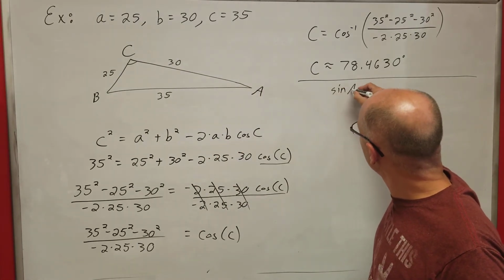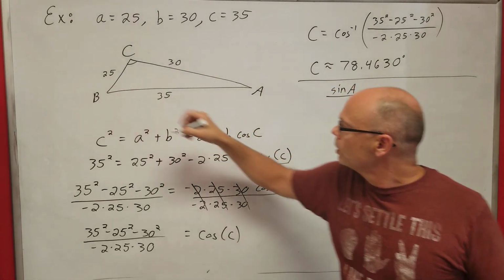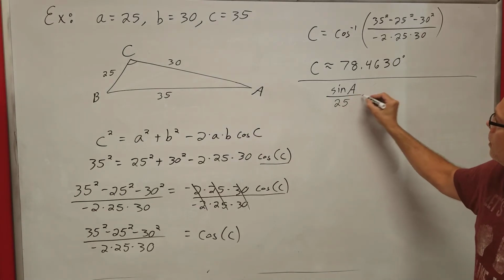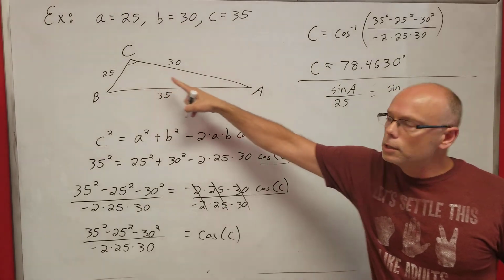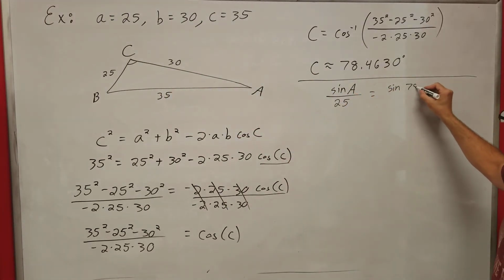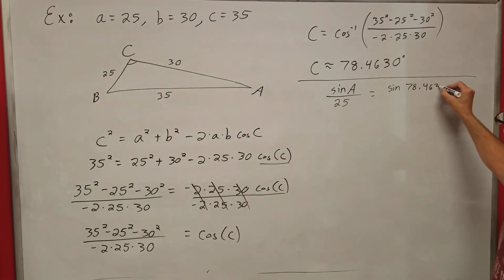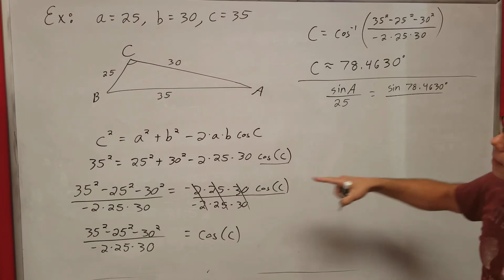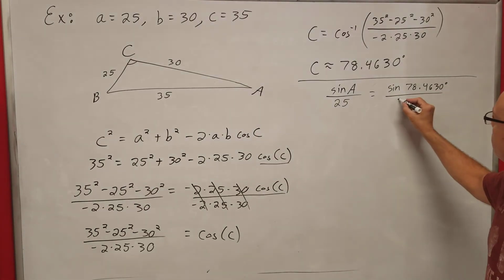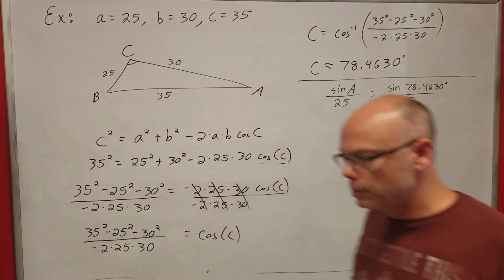I'm going to say sine of A over 25 is equal to the sine of angle C, which we just found to be 78.4630 degrees, over side C, which is 35.